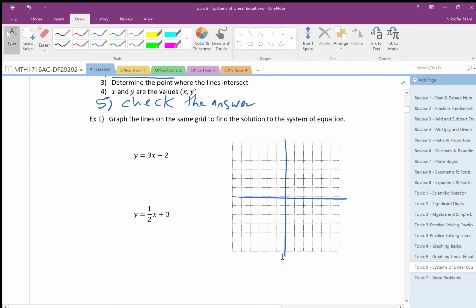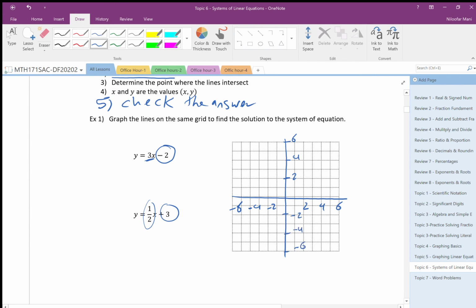Look at this, one of them I have to find -2, and then I have to do 3, which is rise over run. For the other one I have to find 3, and then I have to do 1/2. So I need room here. I can say 2, 4, 6 and -2, -4, -6 on each axis.